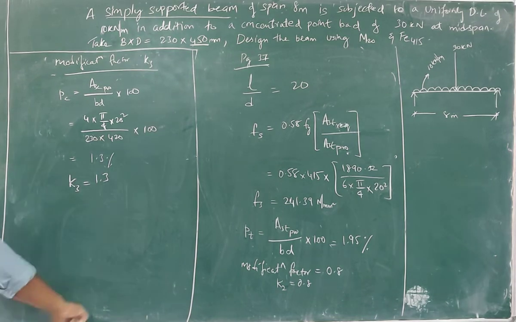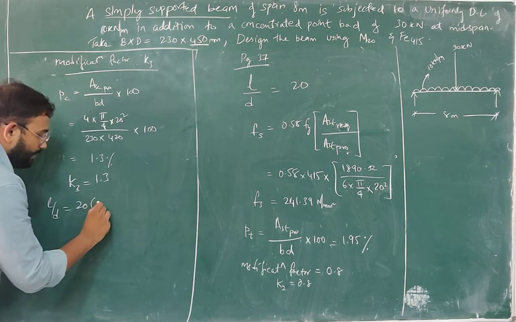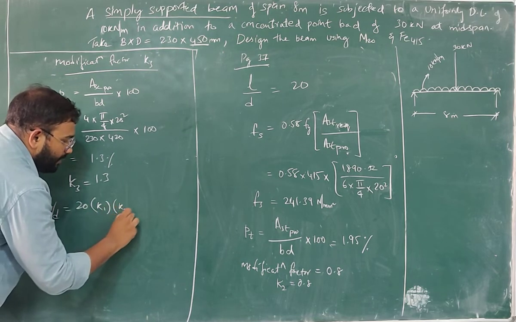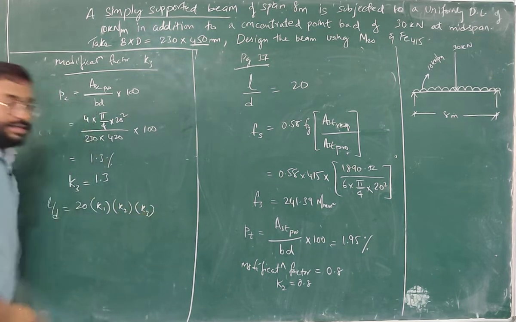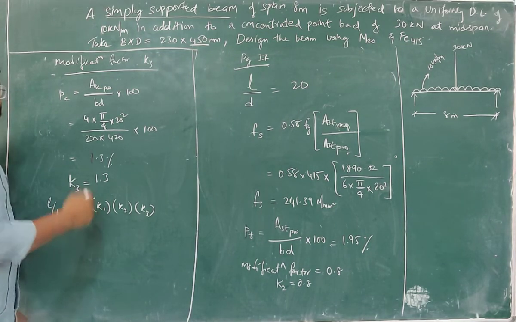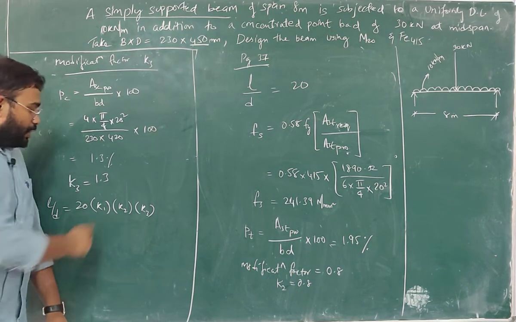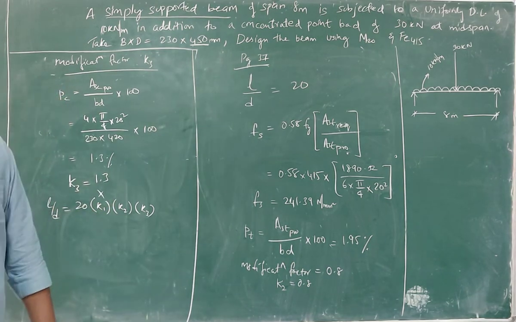Okay, so now L by D will be equal to 20 multiplied by K1 multiplied by K2 multiplied by K3. What is K1? K1 is equal to 10 by span when span is more than 10 meters. Why not used here? Because our span is less than 10 meters.